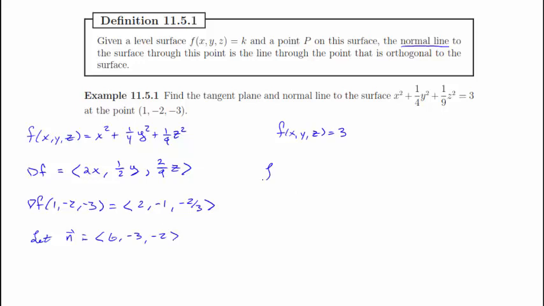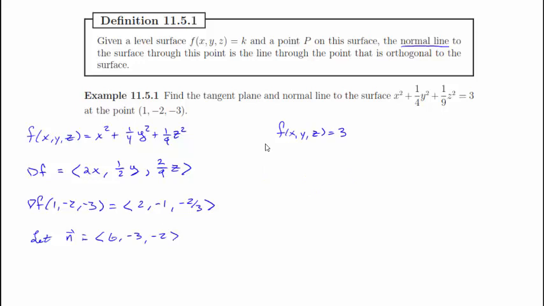So then the equation of my tangent plane, let's call this the linearization, at the point (1, -2, -3). This is a function in x, y, and z. Let me back up, I am jumping the gun just a hair here.